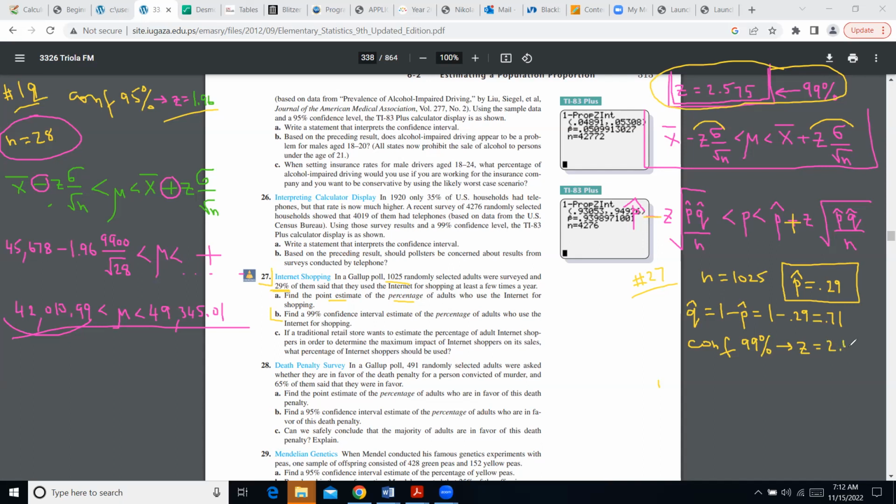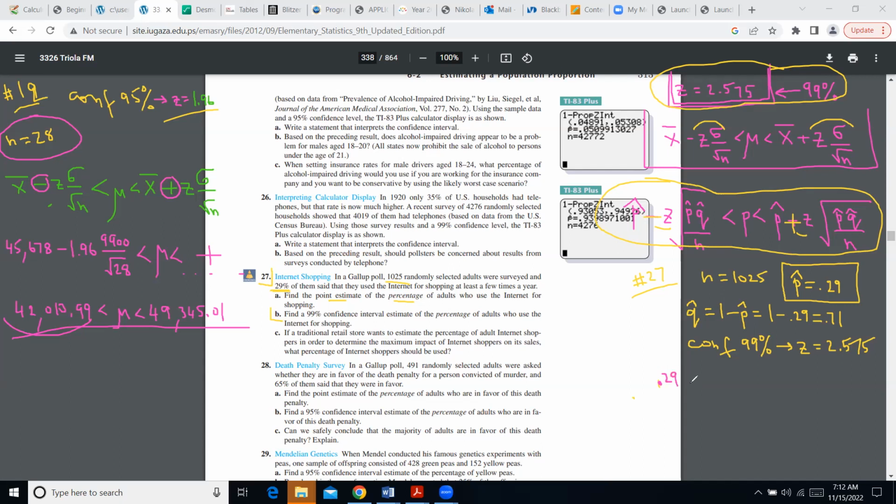So whenever you hear the word confidence, you can just get a Z-score down, because that's what I'm going to use here as a part of my calculation. So now I need to set up this confidence interval calculation using the formula above. So we put 0.29.